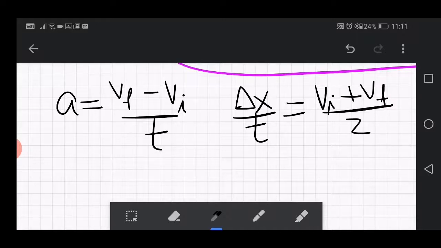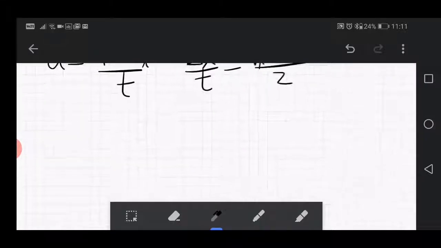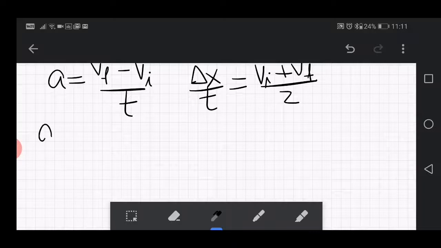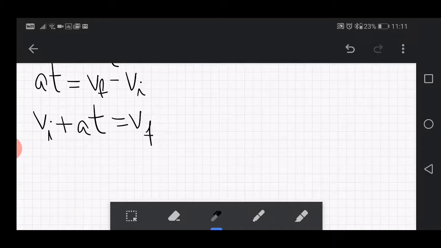Now, you want to get rid of the final velocity. So, in this particular case, for equation 1, acceleration times time is equal to final velocity minus initial velocity, and therefore initial velocity plus acceleration times time is equal to final velocity.